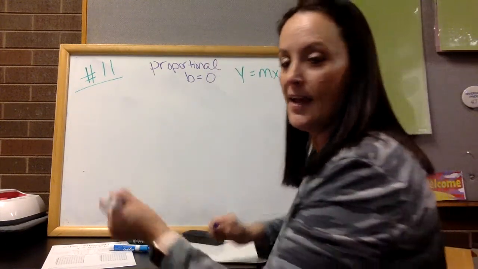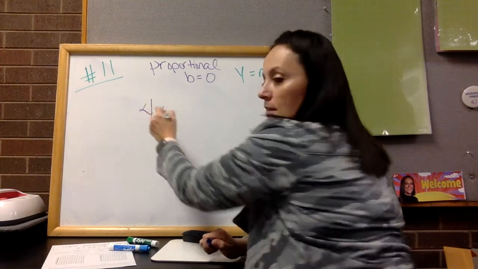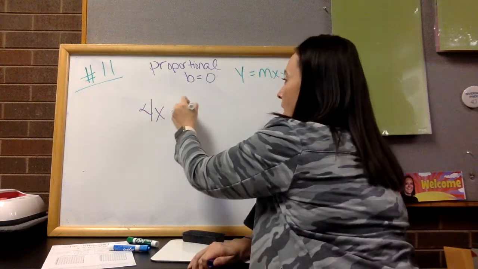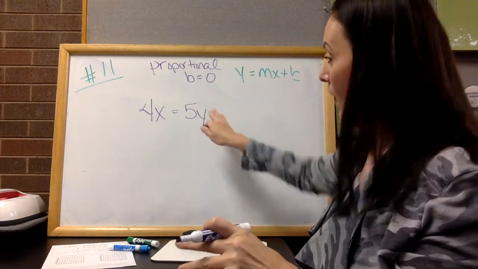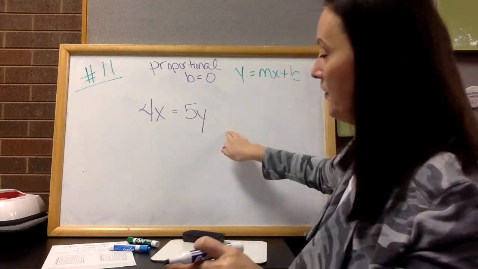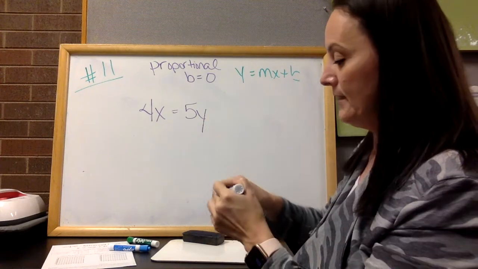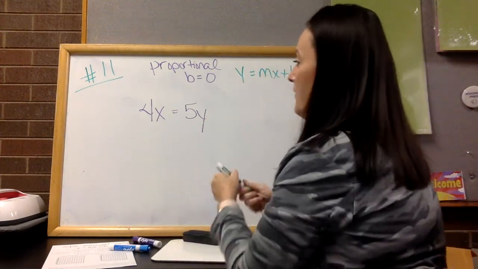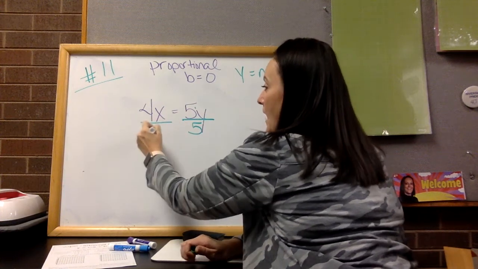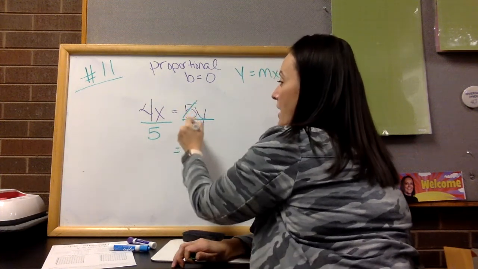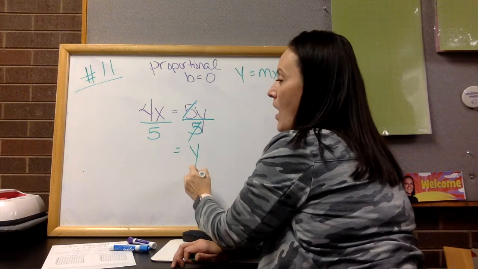So B says 4x equals 5y. Now remember what I said, it doesn't matter which side the y's on. The y can be on the left or it can be on the right. The goal is to get the y by itself. So this says 5 times y. To undo the times, I'm going to divide both sides by 5. 5 divided by 5 is going to give me my 1y.